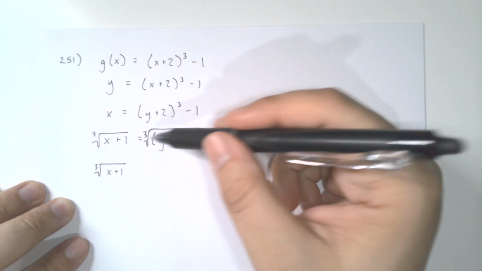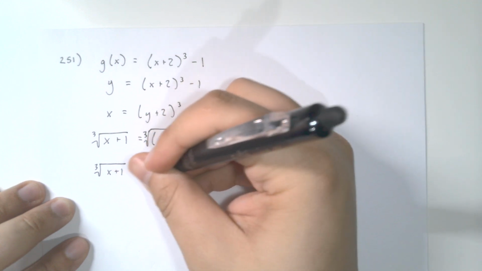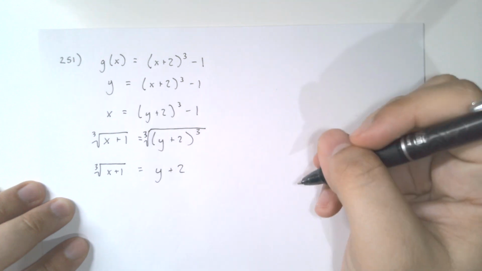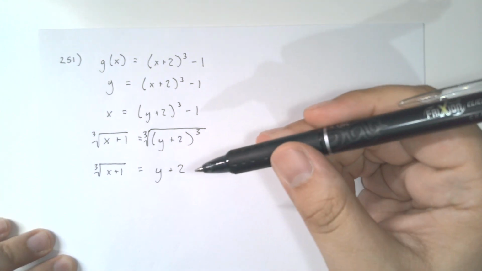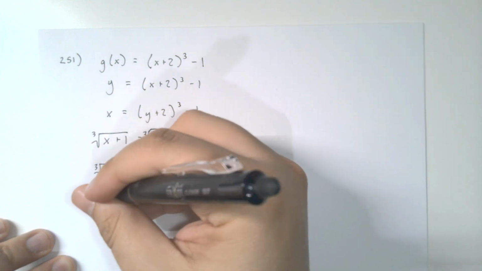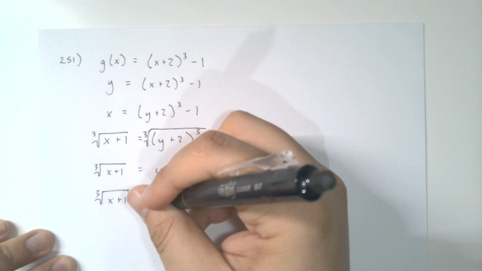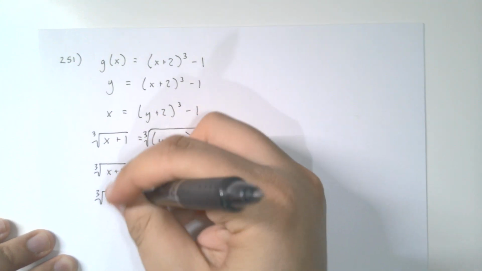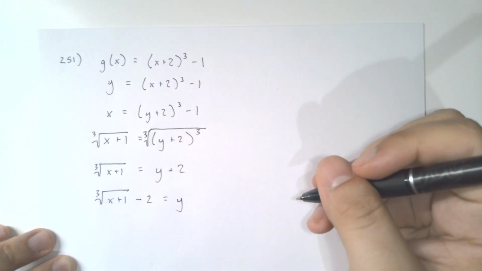However, the cube root of something cubed, you're just left with whatever is inside the parentheses, and you have y plus 2. And now the only thing we have to do is subtract 2 from both sides. We have the cube root of x plus 1, oh, forgot to subtract the 2, minus 2 is equal to y.